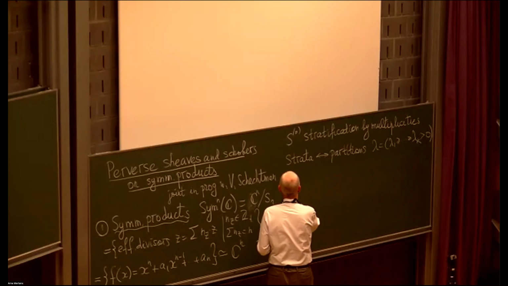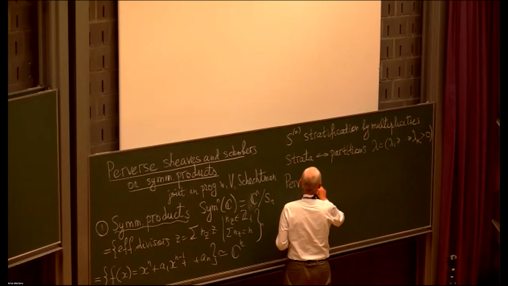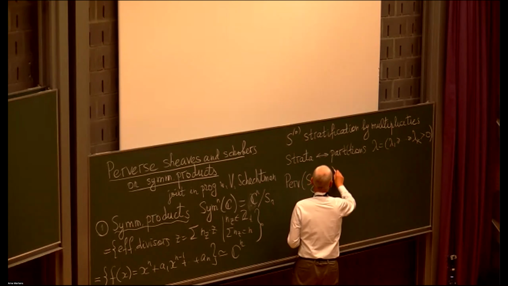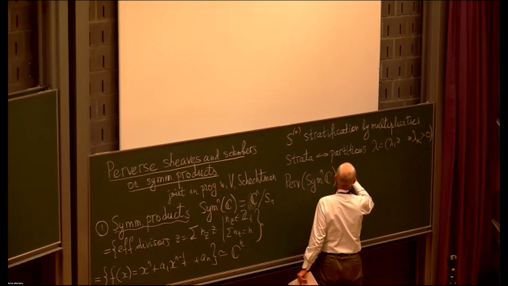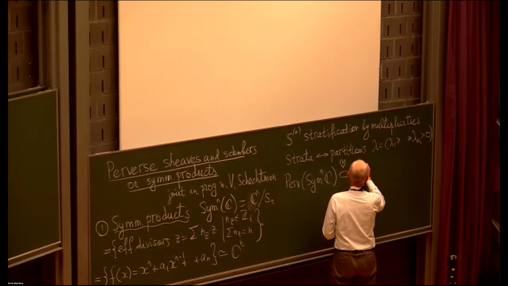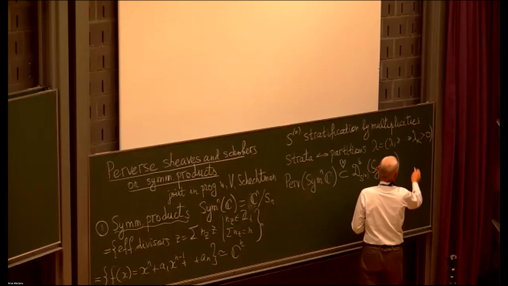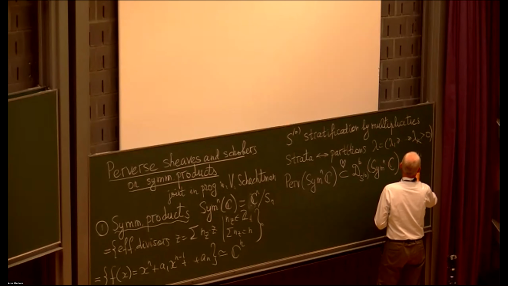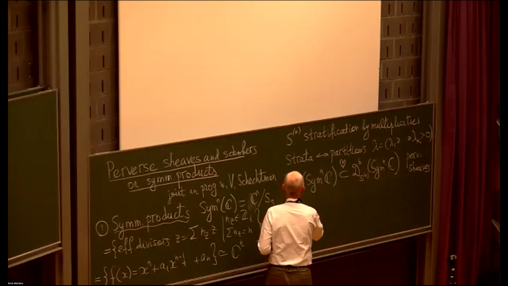So we consider the category of perverse sheaves with respect to the stratification of Sym^n of C. It's the heart of the derived constructible category, always with respect to middle perversity.